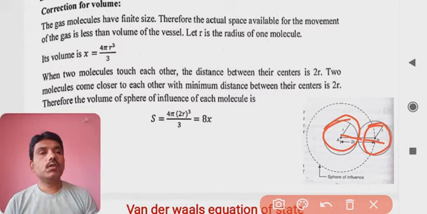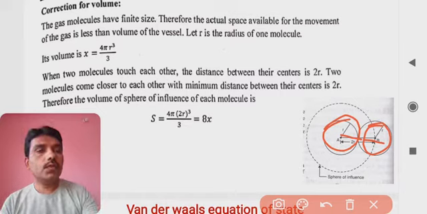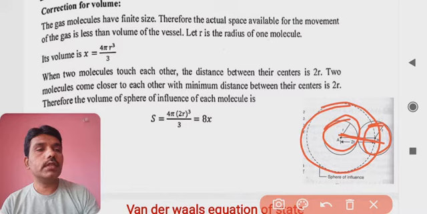The two molecules come closer to each other with a minimum distance between their centers of 2r. And therefore the volume of the sphere of influence of each molecule is concerned with 2r.